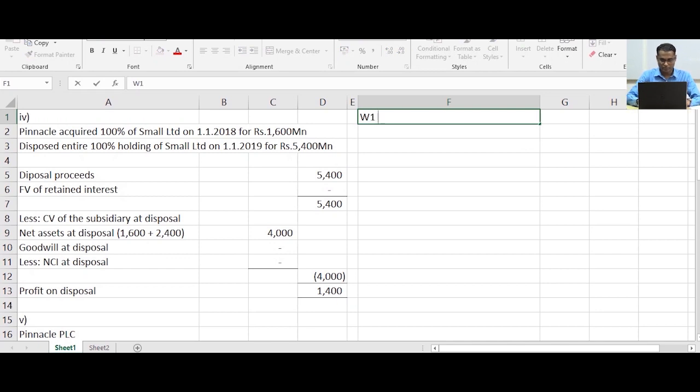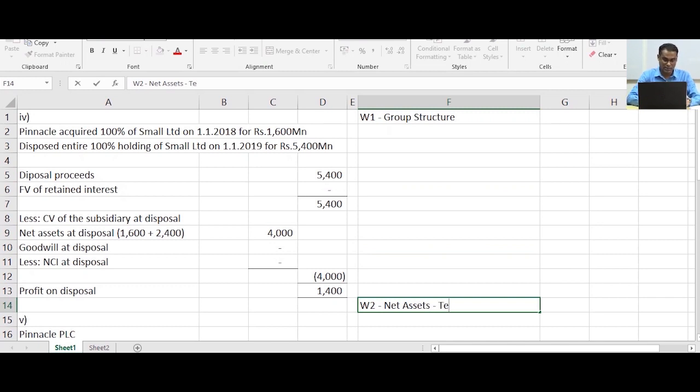Working number 1, group structure. Keep enough space there. Then working number 2, net assets of the subsidiary.